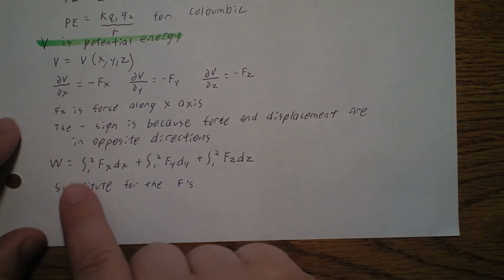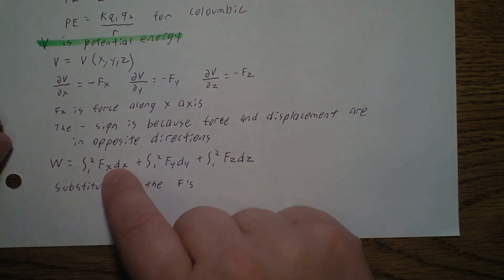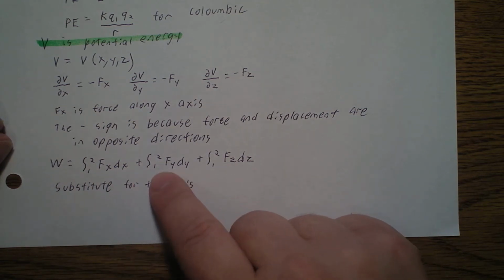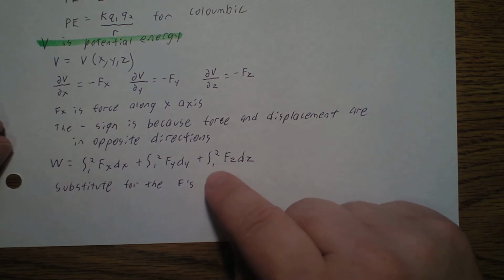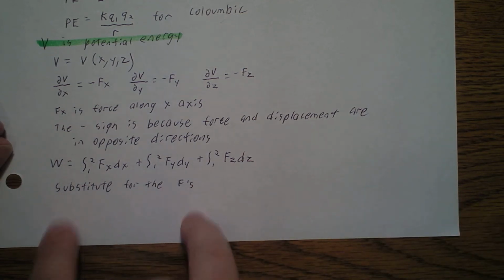Now, work, remember, is the integral from state 1 to 2 of the x component of the force with respect to x, plus the integral from state 1 to 2 of the y component of the force with respect to y, plus the integral from state 1 to 2 of the z component of the force with respect to z. We want to substitute out those forces again.